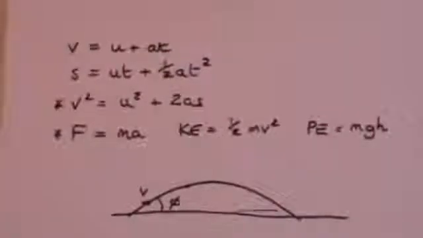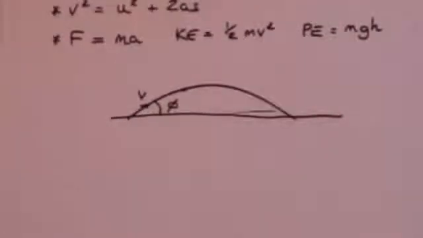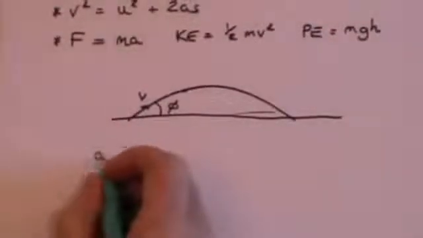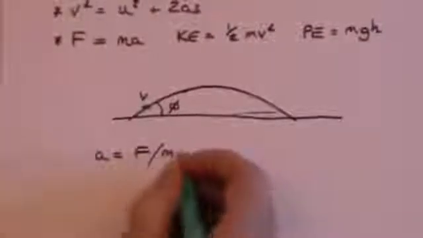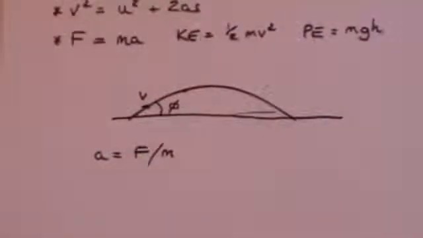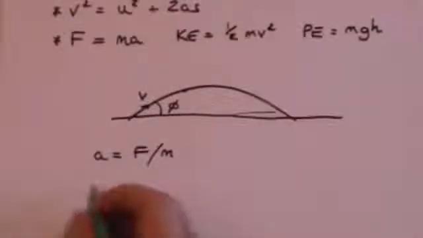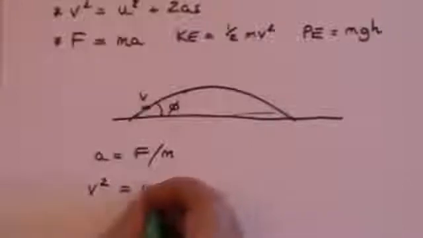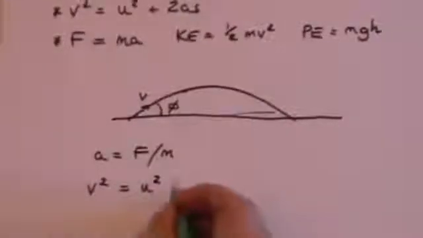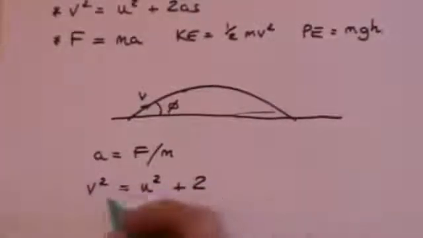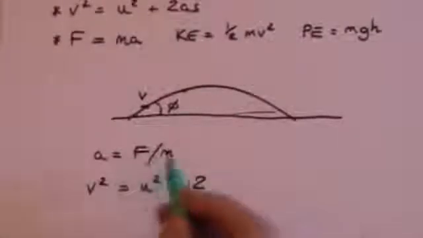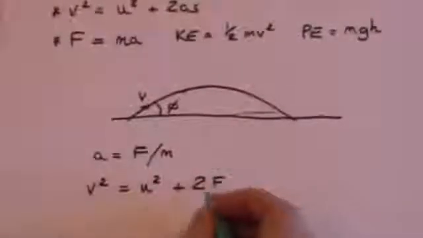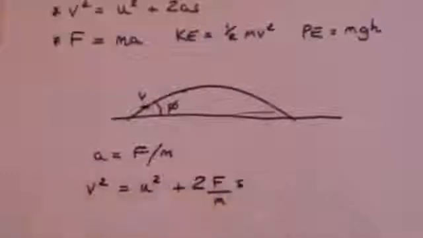If F = ma, then I hope you will agree that a = F/m. That's F = ma, just written a different way. And that means I can now write the formula v² = u² + 2as in this way: v² = u² + 2(F/m)s. s is the distance, remember.